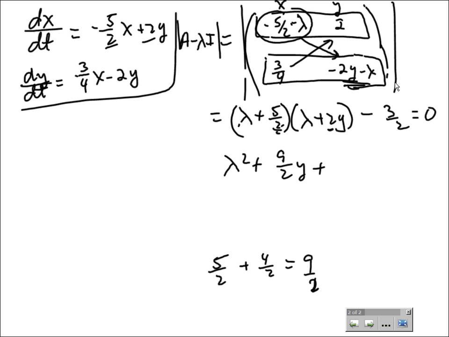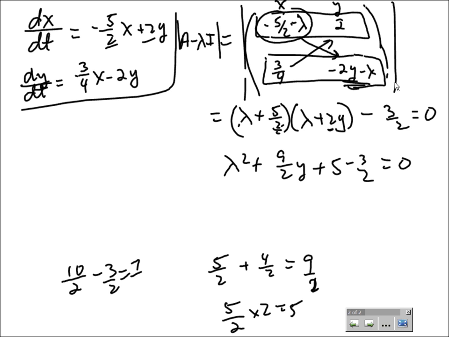Plus, you multiply these two numbers. 5 halves times 2 is 5. Minus 3 halves. Well, 5 is 10 halves, and we're taking away 3 halves, so we really have 7 halves.